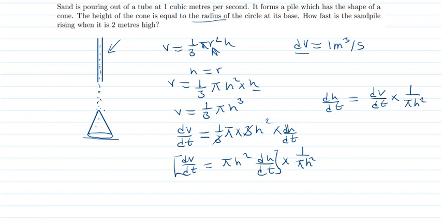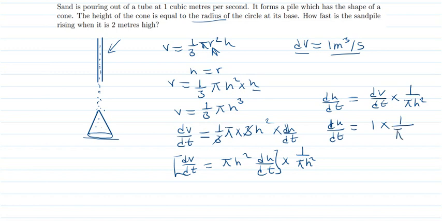Simplifying this, we get dh/dt equal to, our dV/dt, we have been told that it's 1 meter cubed per second, so we'll put 1 here, multiplied by 1 over pi.